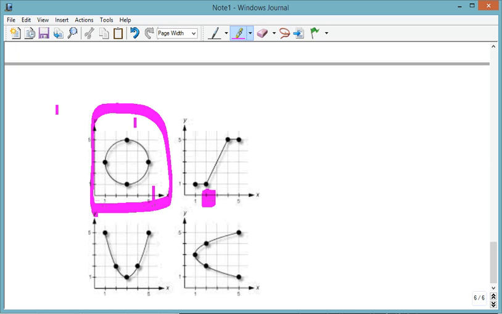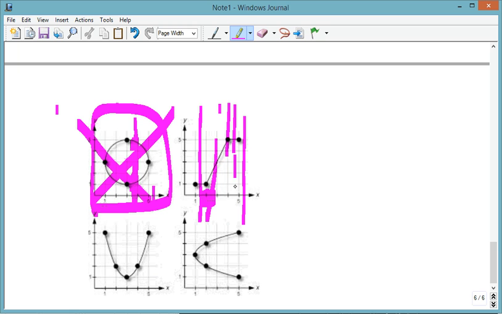If I draw a vertical line through here, when x is 4, it actually hits in 2 places, right? So that means for x being 4, there are 2 y values. So this one is not a function. Okay, so the second one here, if I would actually draw the whole vertical line, you see though, it doesn't hit twice. So this is a function.